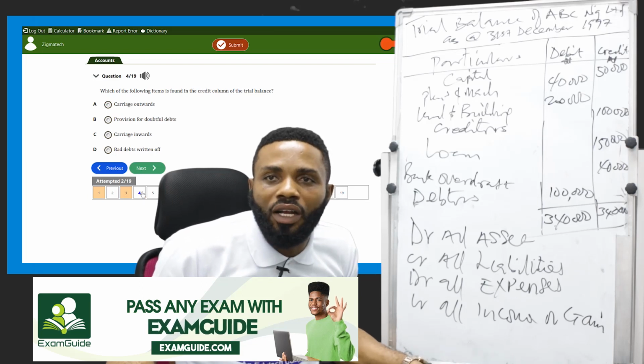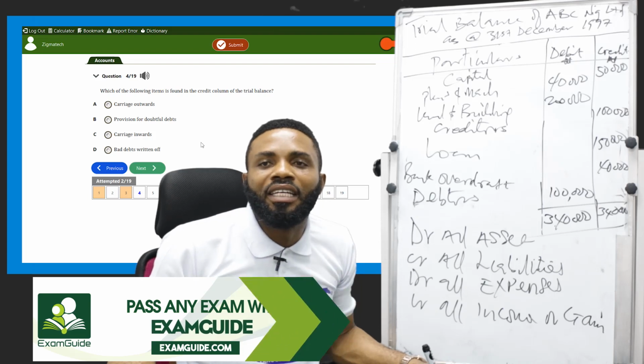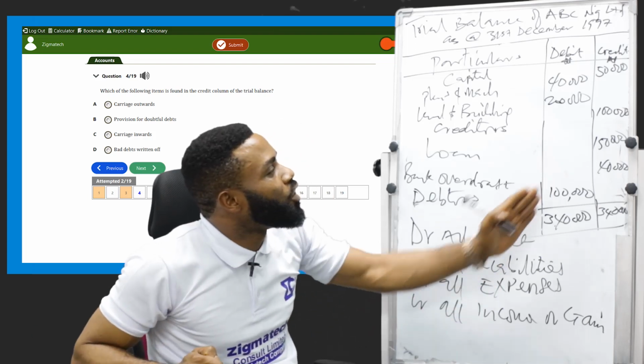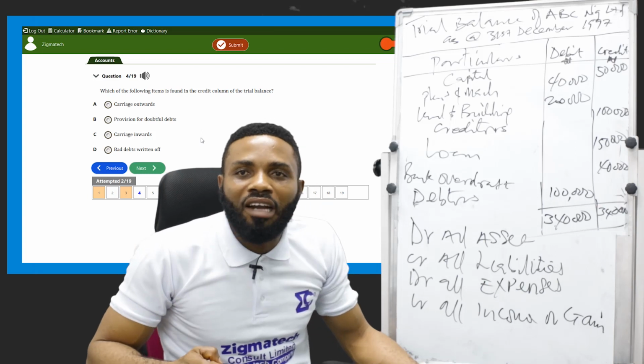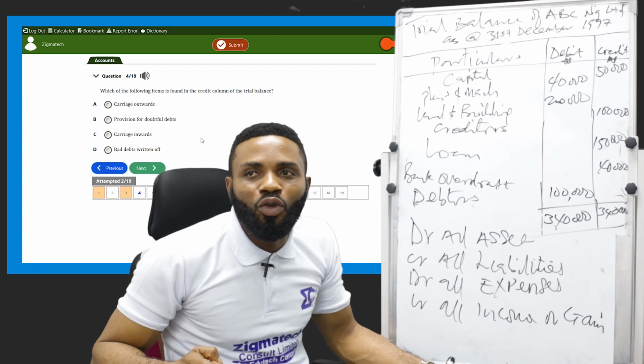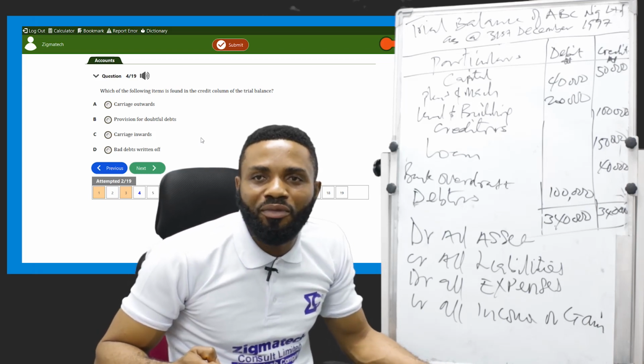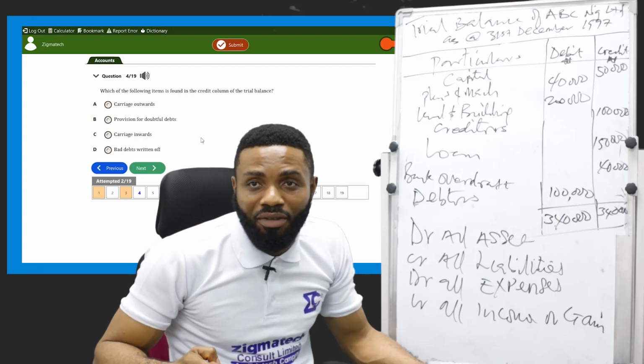Let's look at the fourth one. Which of the following items is found on the credit column of the trial balance? Carriage outwards is money paid on goods to the destination of your customer. And then provision for doubtful debt, we have said that it is a liability.